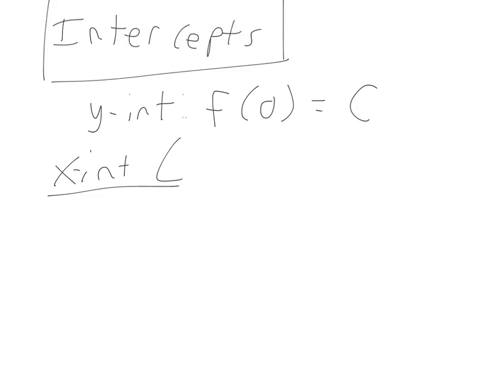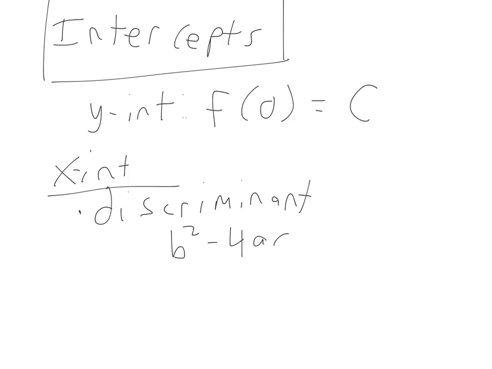To do that, we need to look at what we call the discriminant. Remember, the discriminant is the part underneath the square root for the quadratic formula, so it would be b squared minus 4ac. Remember, if the discriminant is greater than 0, you have 2 real roots or 2 x-intercepts, meaning the roots you get will be real numbers.